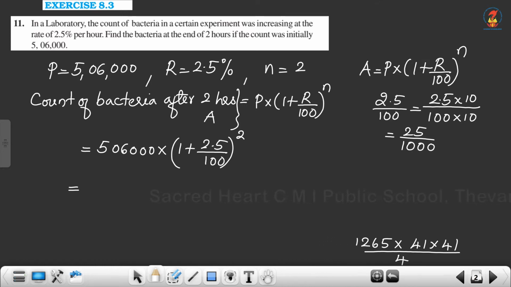Now 25 by 1000 you reduce to the lowest form. Using 25 we can cancel. So we will get it as 1 by 40. So 2.5 by 100, first of all you change the decimal place, so you will get it as 25 by 1000. Now reduce to the lowest form, you will get as 1 by 40.